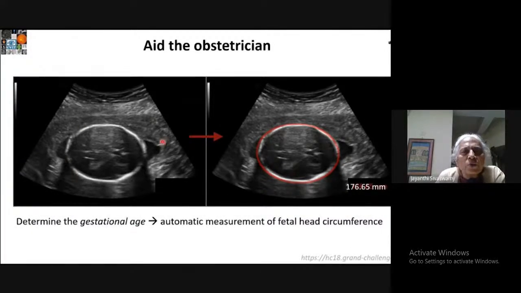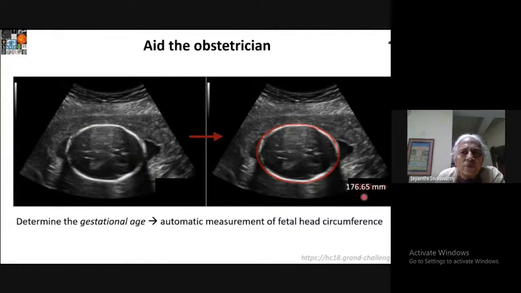For that, they do a measurement of the head. This is the head of the fetus. It might not look like that, but the bony skull appears as a white thing. You want to do an automatic measurement of the fetal head, and the measurement of interest is the circumference of the head.